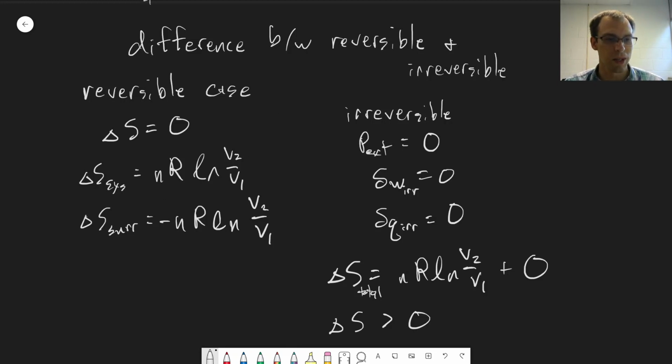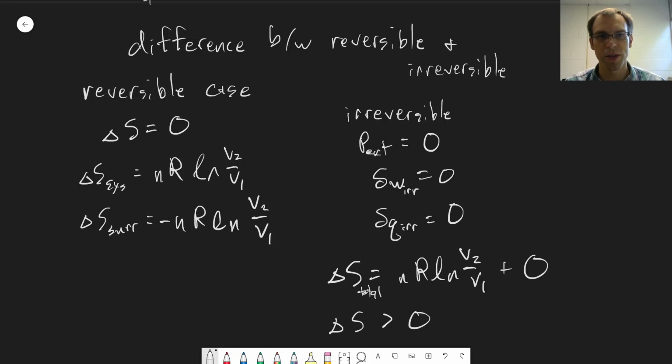And so overall, we get delta S is greater than 0, because the gas is expanding, so this first term will be positive. This gives us the fact that our total entropy change for system plus surroundings is different for the reversible and irreversible cases. That's what makes them different. But the change in entropy for the system is the same because it's a state function. So that's an example that is talked about in your book.